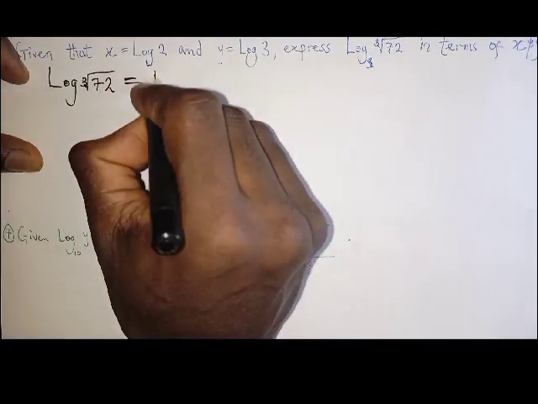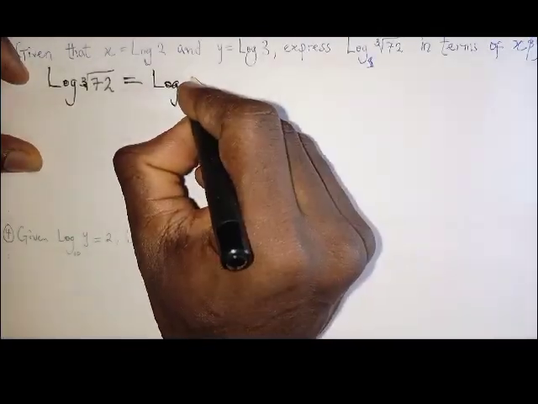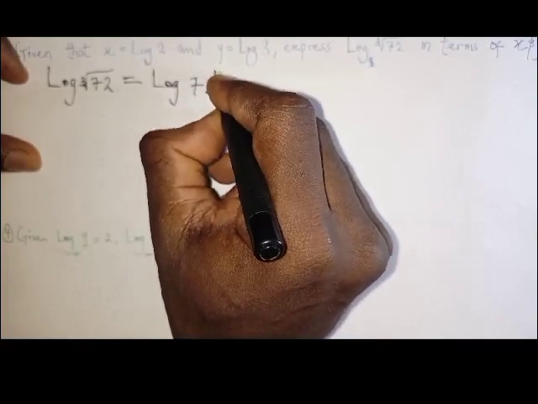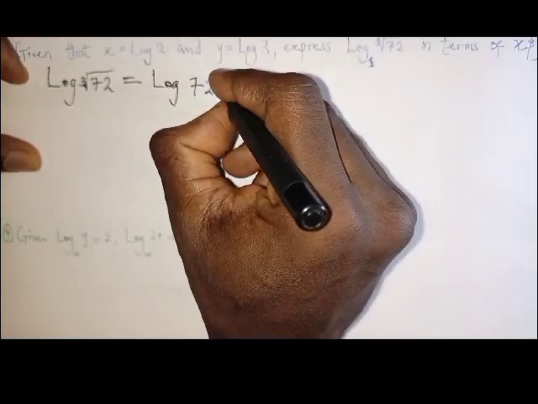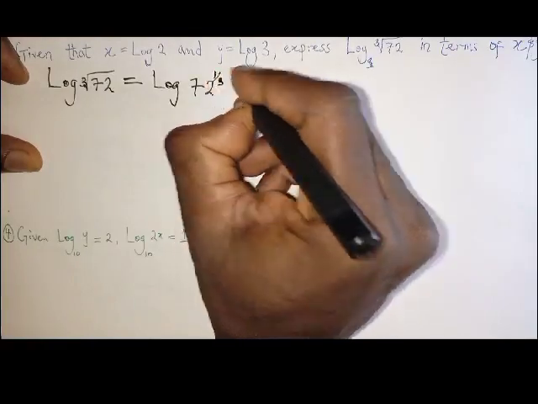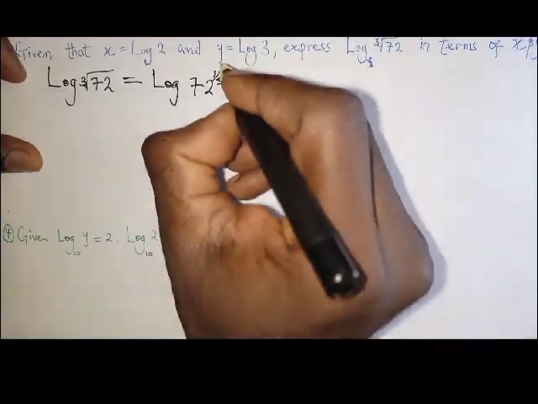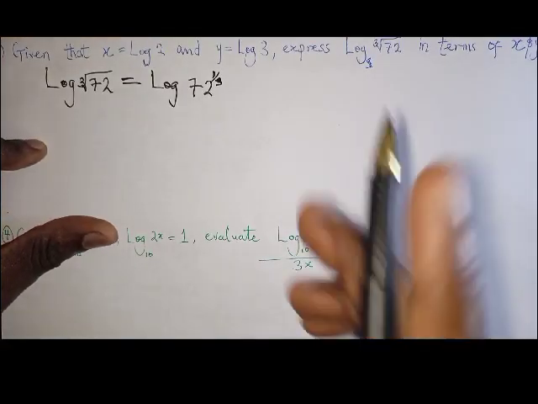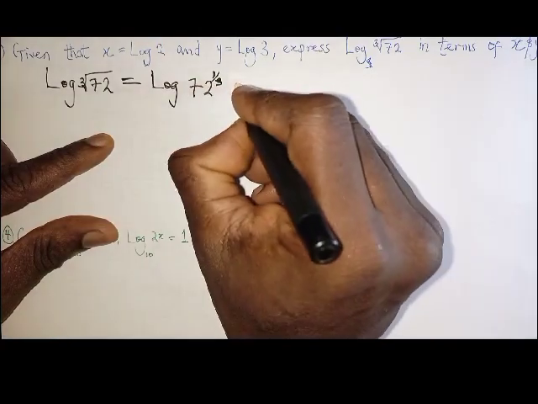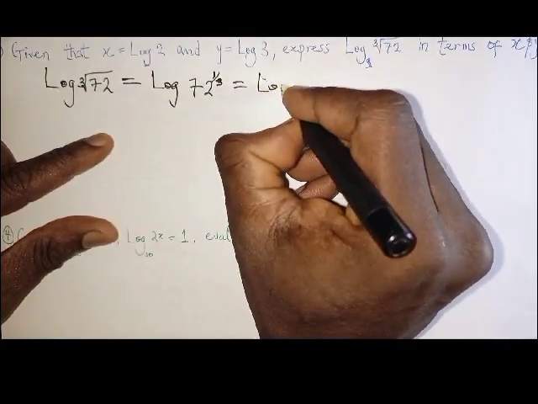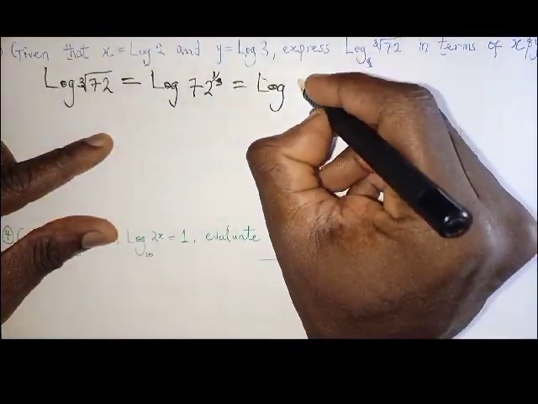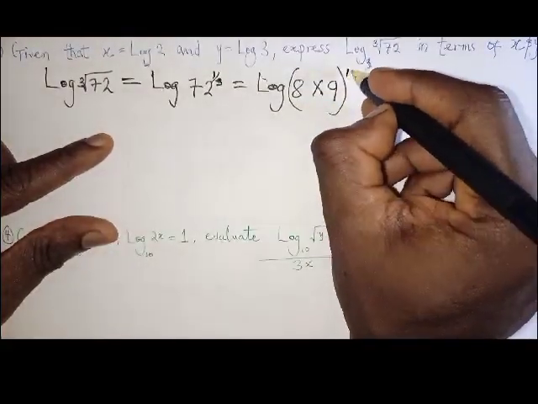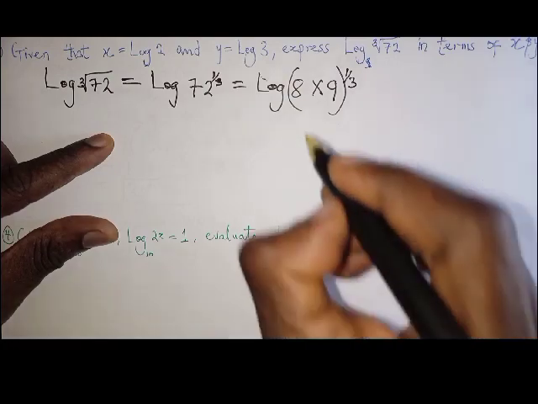So I'm going to break this down. The cube root of 72 is going to be 72 raised to power 1 over 3. I hope you can see it clearly. It's raised to power 1 over 3. Then I can break 72 further into 8 times 9, all raised to 1 over 3.